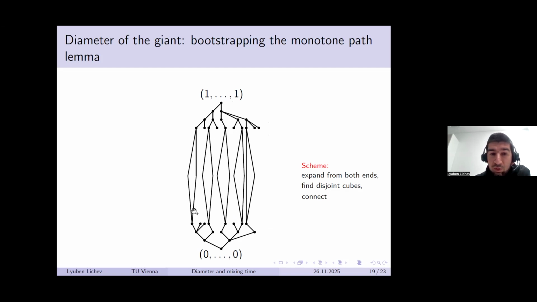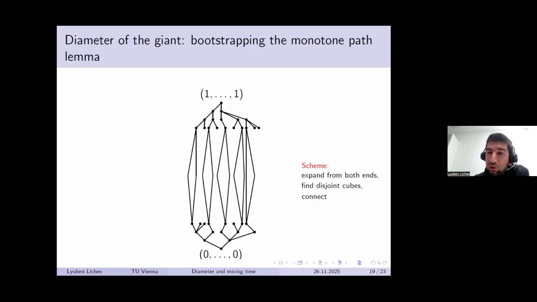And then for these neighbors here, one could say, okay, but probably we can find also hypercubes, so disjoint hypercubes between these vertices, and try to connect separate vertices in these disjoint hypercubes. And this is actually the right strategy. So such hypercubes are in general not so hard to find.